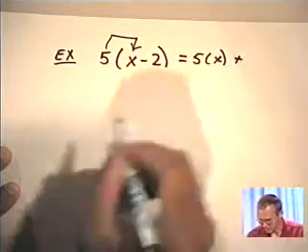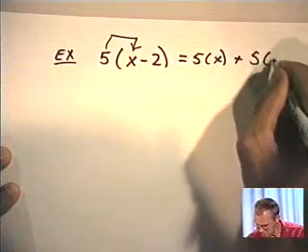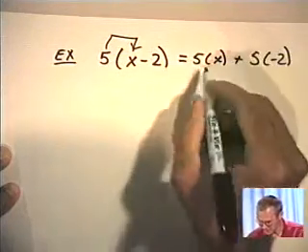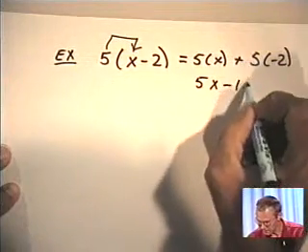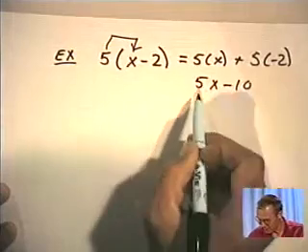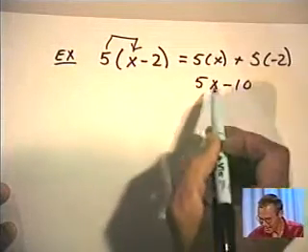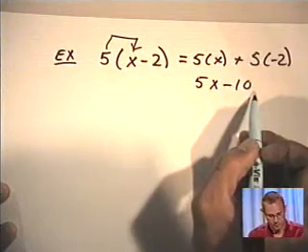Then I take the 5 and I multiply it by the second term. 5 times x is 5x. 5 times negative 2 is a negative 10. Now notice, I cannot simplify this any further because these are not alike. I have x's here, I don't have x's there, so that's as far as I can go.